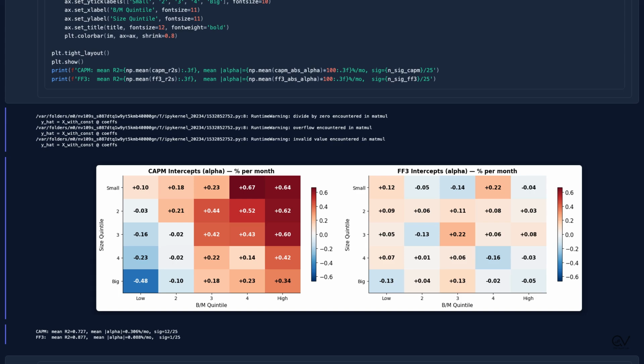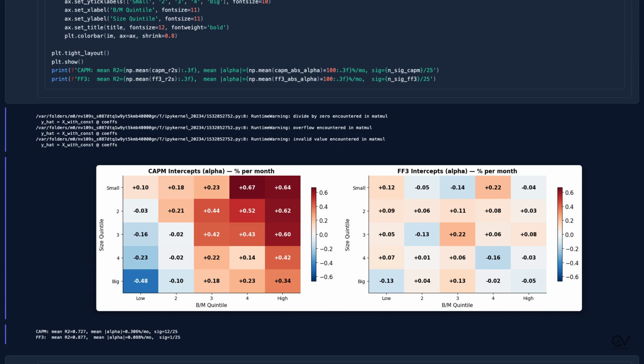The pricing errors are large, and more importantly, they are systematic. Blue on the growth side, red on the value side, running from minus 0.48% a month for big growth up to plus 0.67 for small stocks in the fourth book-to-market quintile. That structure is exactly the anomaly CAPM cannot explain.